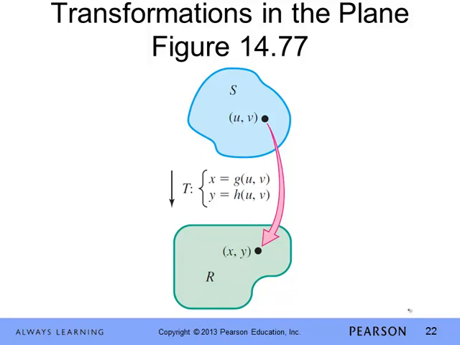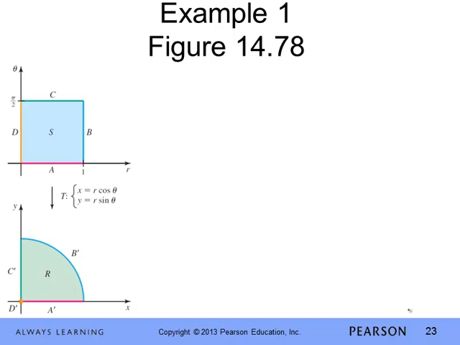Just like in 2 dimensions, instead of integrating in x and y coordinates over, let's say, a sector, well, that sector turns out to be a rectangle in the r and theta variables. That's why, well, at least one reason why we would do that transformation. Let's do a quick example to see what we're talking about here. Talking about sectors, this is example 1.